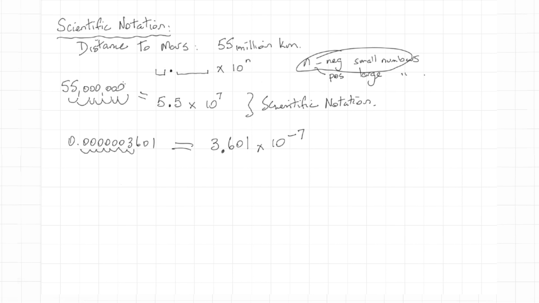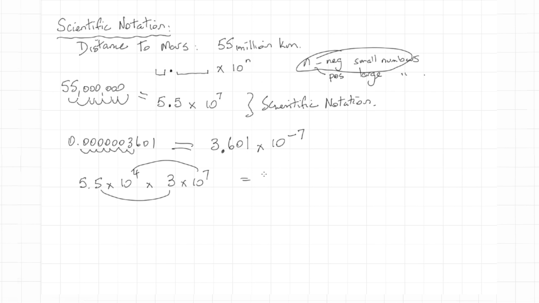So we need to be able to do multiplication and division and addition, subtraction, if you like, of scientific notation. If we had, let's go, 5.5 times 10 to the 4 times 3 times 10 to the 7. We can regroup these two together and regroup those two together.